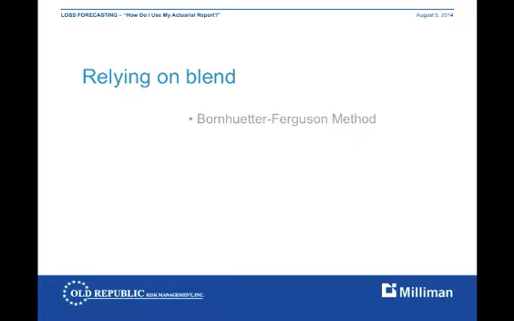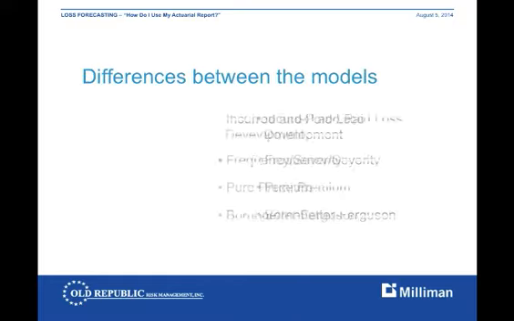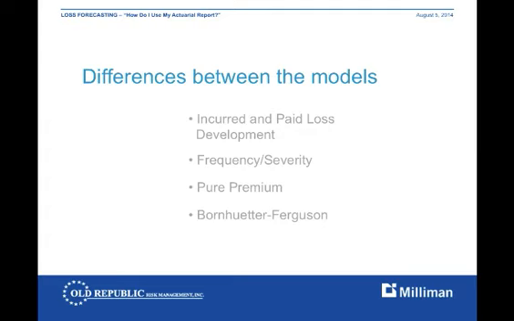So now we come to looking at the differences between the models. When are they used? I'll go very briefly through each of the methods again, and then look at an example of how an actuary may look at the models and may end up selecting estimates based on a review of the models.